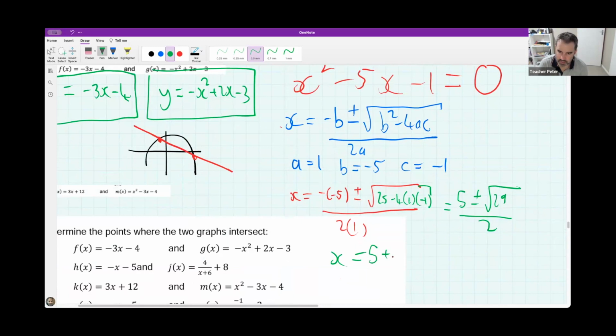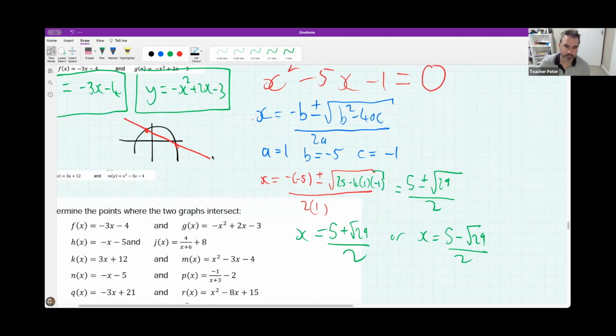Maybe you can help me with the decimal, but one of them is going to be 5 plus square root 29 over 2, or the other one is going to be 5 minus square root 29 over 2. What are the decimal values you get for that? Okay, maybe I should just leave them as that for tonight.